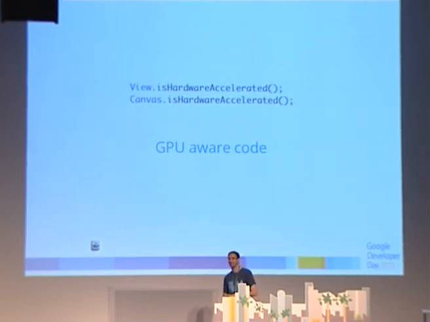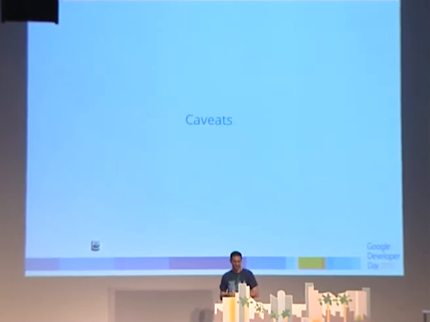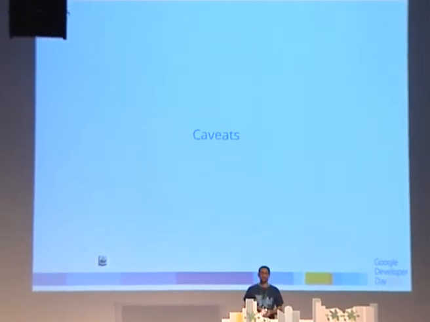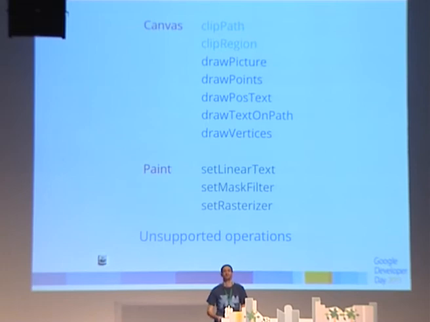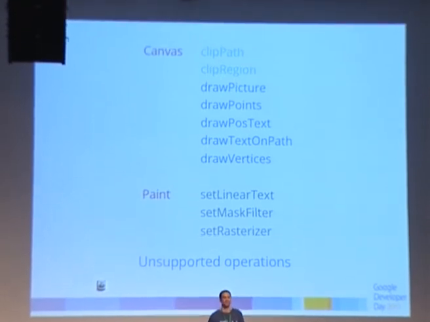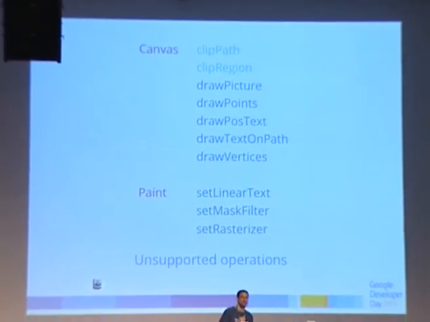Of course, as with all awesome systems that are high performance, there are going to be some caveats. And unfortunately, these mainly revolve around the Canvas class at the moment. So if you're hoping to move to Honeycomb or Ice Cream Sandwich and find your canvases magically accelerated, in many cases they are.